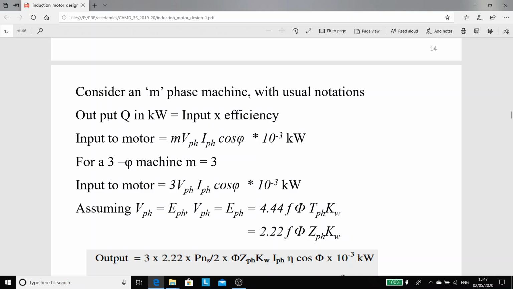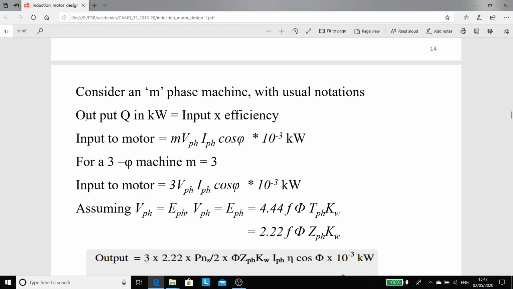Here in the derivation, I consider it is in kilowatt, and if it is in HP, just convert horsepower into kilowatt by multiplying it with 0.746, because we know 1 horsepower equals 746 watt. So if you multiply the horsepower rating by 0.746, it gets converted into kilowatt. That is a very simple equation.